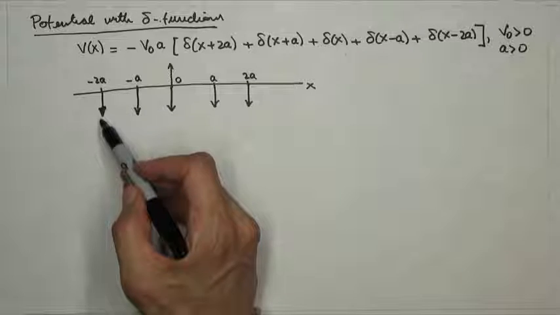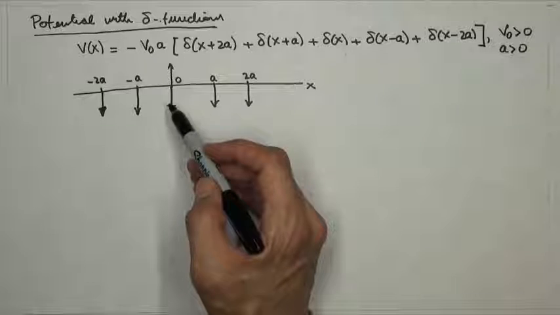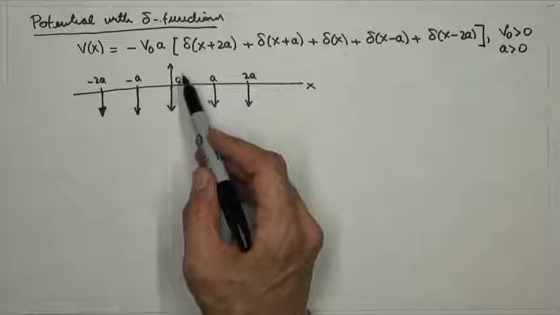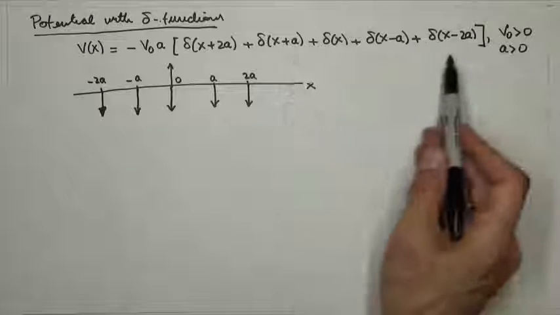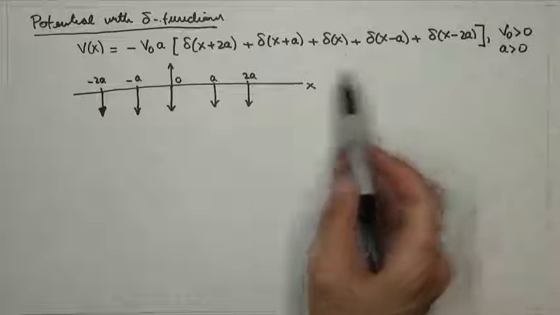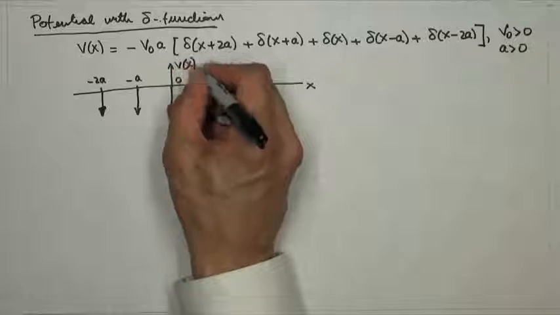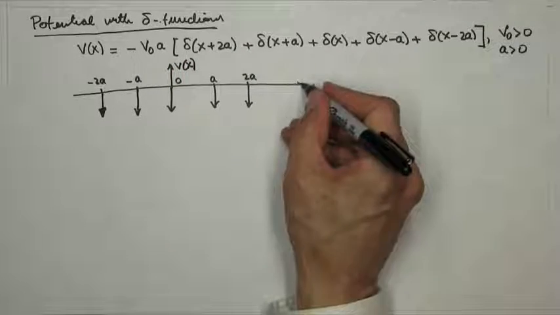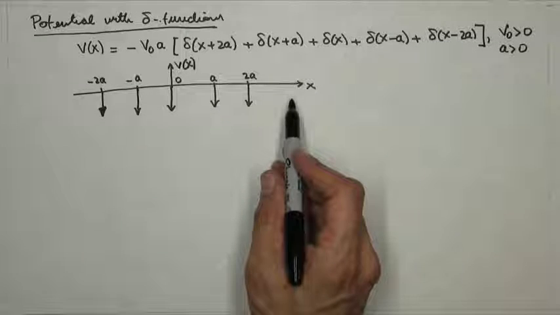It's not the depth of the delta function, which is infinite, but it gives you a feeling of how strong the delta function is. So what we want to understand, these are attractive delta functions, is what kind of bound states we have here. So we've plotted here the potential V of x. Here is the x-axis. So what kind of bound states do we have?